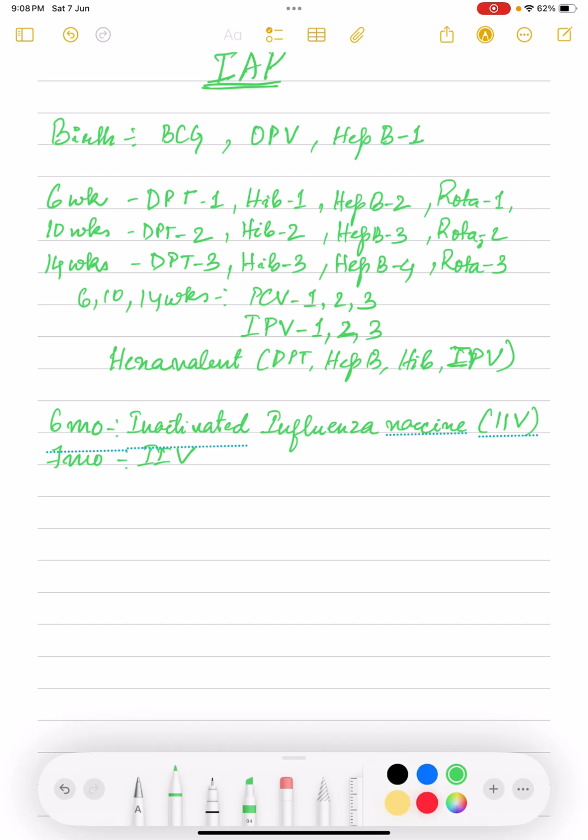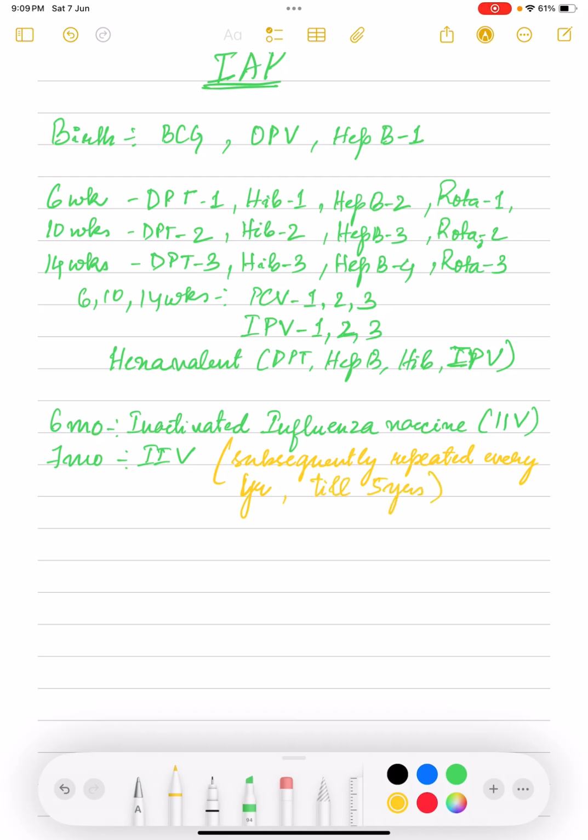Subsequently, the influenza vaccine is repeated every year before monsoon till 5 years of age.